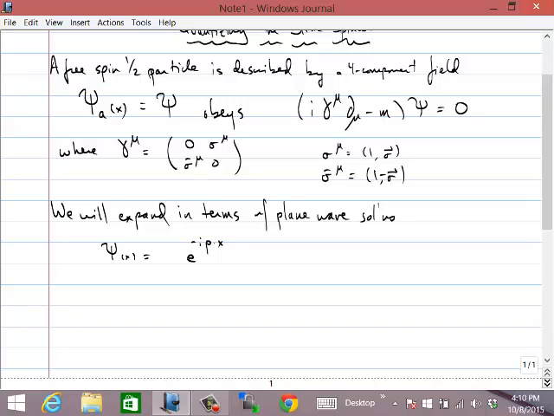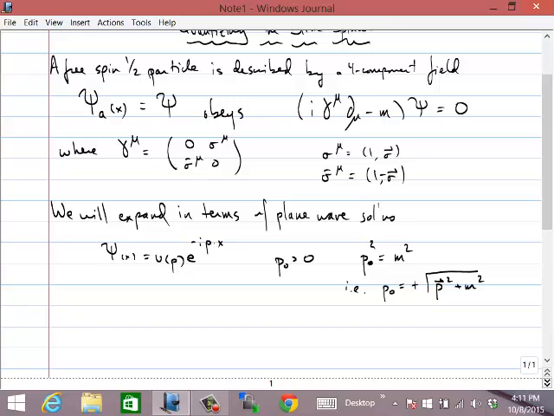So it looks like e to the minus i p dot x, where p0 is chosen to be the positive solution of the equation p squared equals m squared, i.e. p0 is the positive solution of p0 squared equals p vector squared plus m squared, so p0 is the square root of p vector squared plus m squared. So these will be the positive frequency solutions to the Dirac equation. And in a few minutes, I'll write down a set of negative frequency solutions.